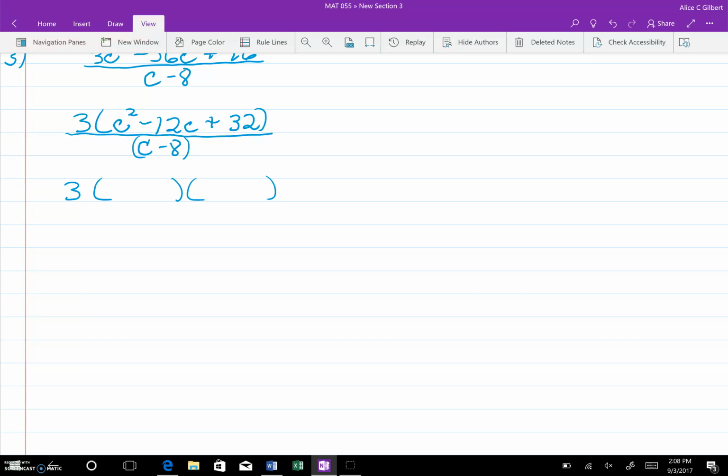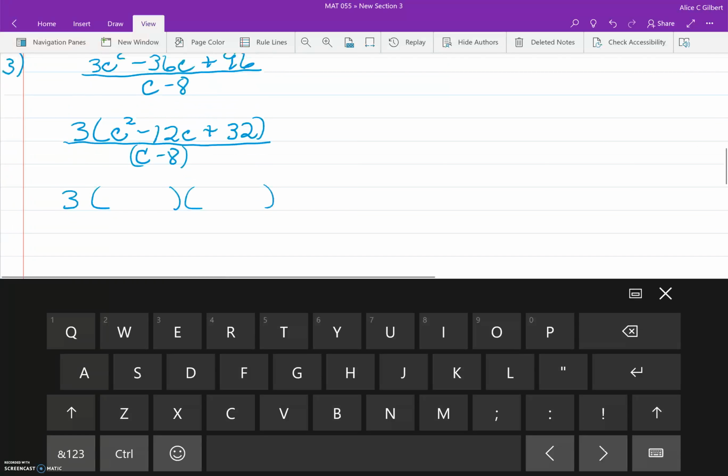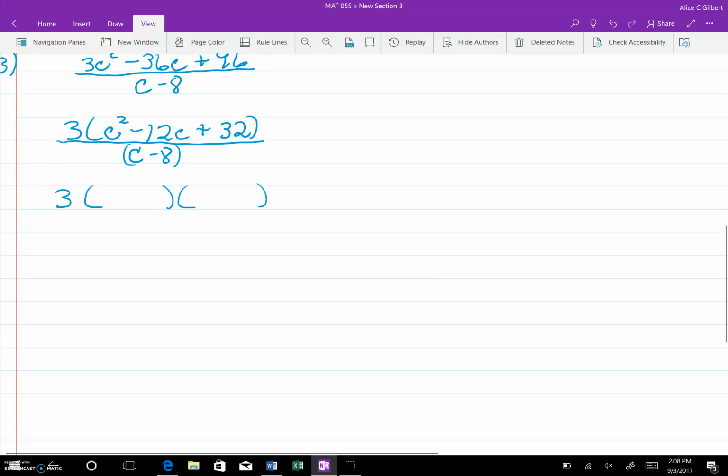Is it a trinomial? Yep, maybe it's a perfect square trinomial then. So is this sign a positive? Yep. Can I get an even square root of c squared? Yep. Can I get an even square root of 32? No. So it is not a perfect square trinomial. So then we go on to rule 3a.